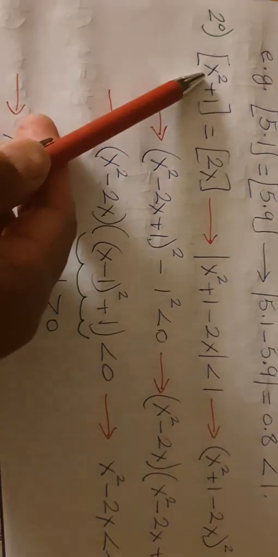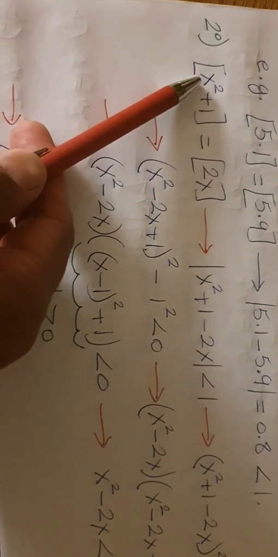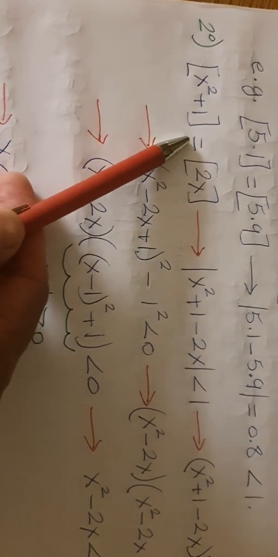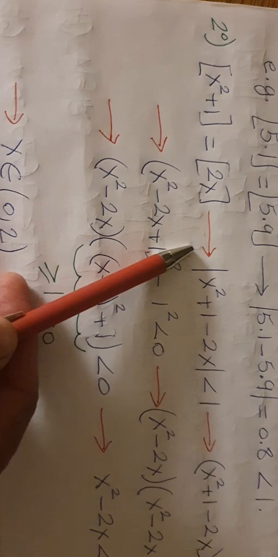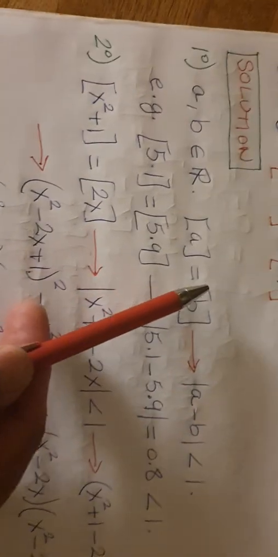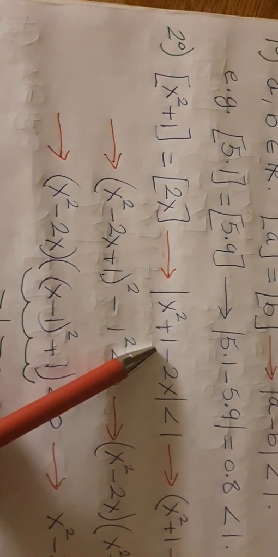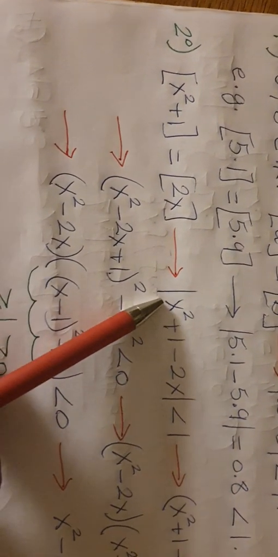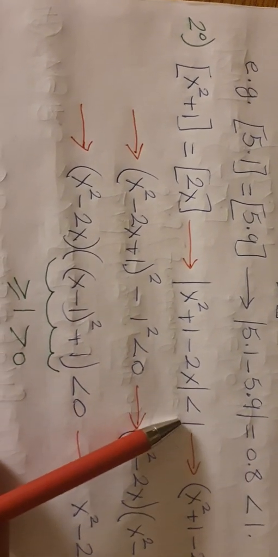So, if the integer part of x squared plus 1 is equal to the integer part of 2x, this means, according to our observation here, that the distance between x squared plus 1 and 2x is strictly less than 1.